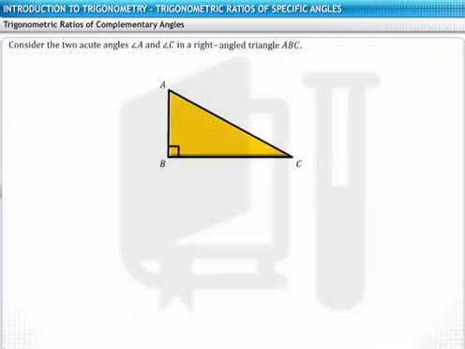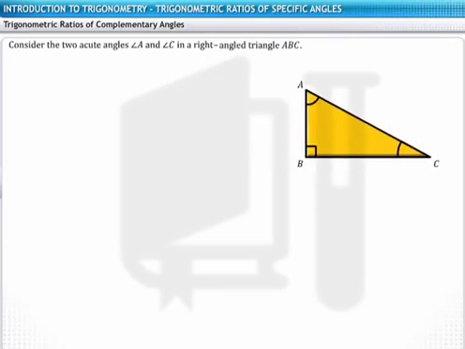Consider the two acute angles, angle A and angle C, in a right-angled triangle ABC. By the angle sum property of triangles, we know that the sum of angles A, B and C in the triangle ABC is 180 degrees.